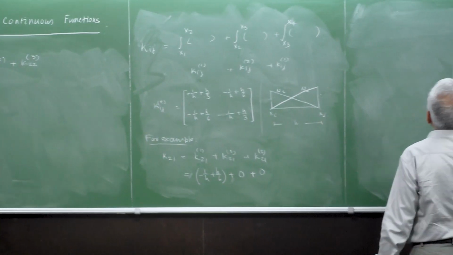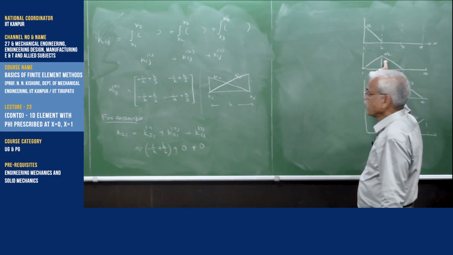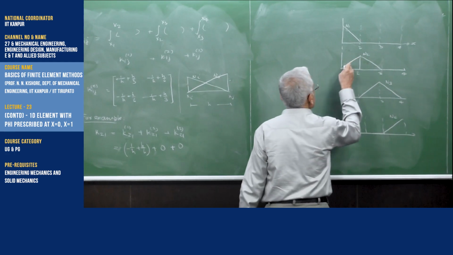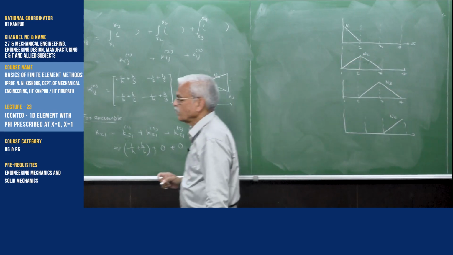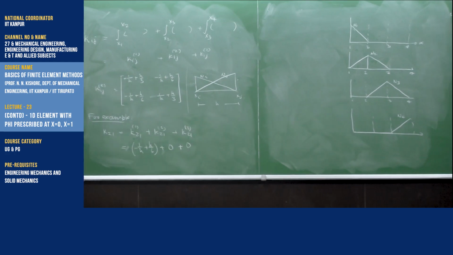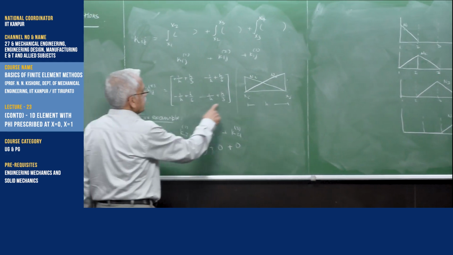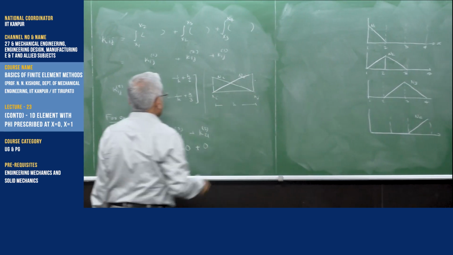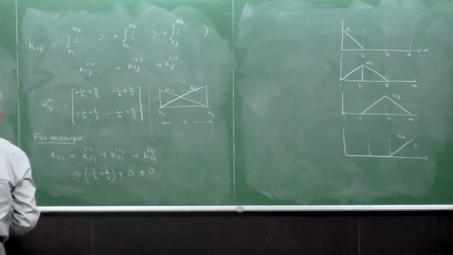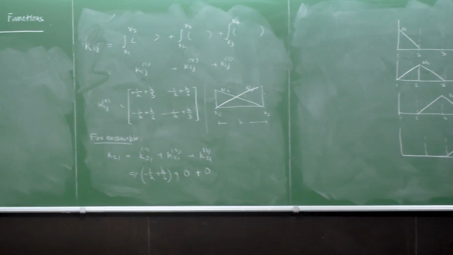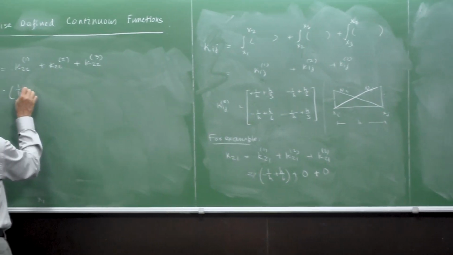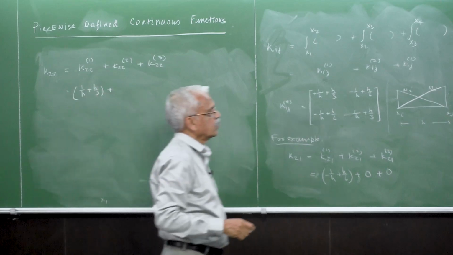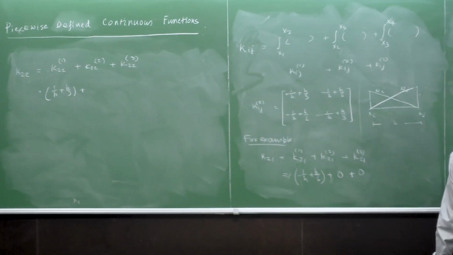So N2 in element 1 is obviously there, multiplied with N2 itself. So what is that contribution then? Both are there like this one, so it is Nij. So that's 1 by h, so this is 1 by h plus h by 3. Okay, so this is for this part.